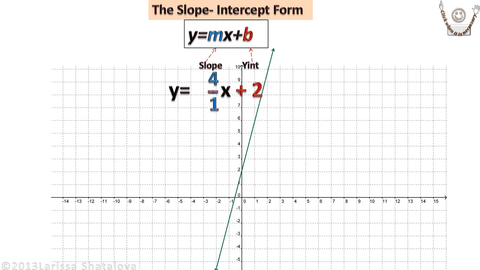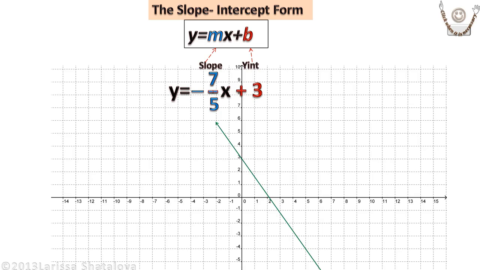One more example. We have a graph and we have an equation. Now you know that from this equation the y-intercept is 2, this is a point on the graph, and then the slope is 4/1, rise is +4, and run is +1. One more graph and an equation.